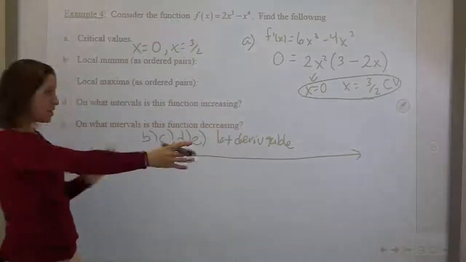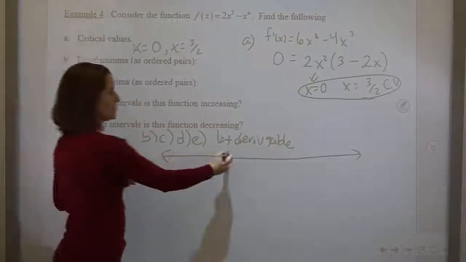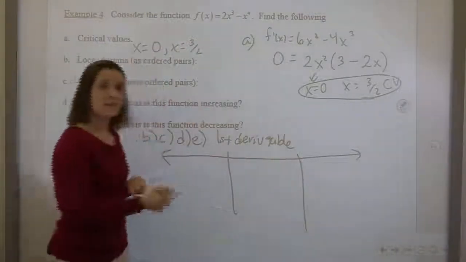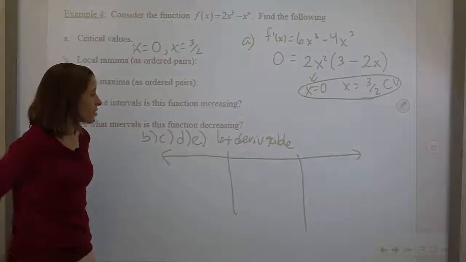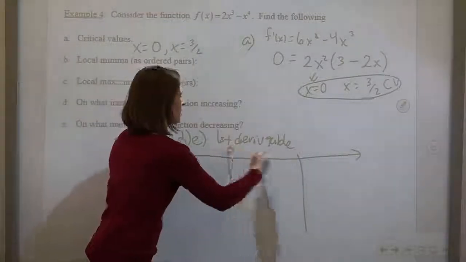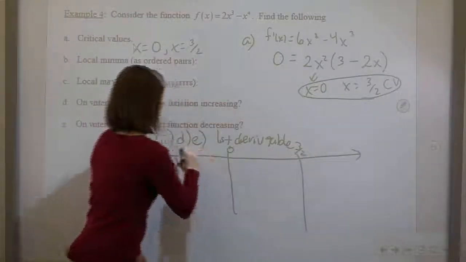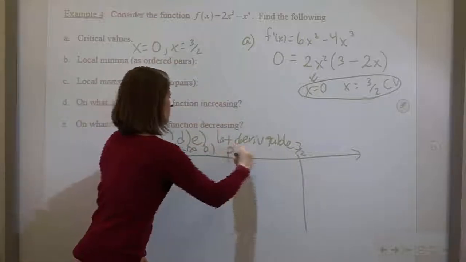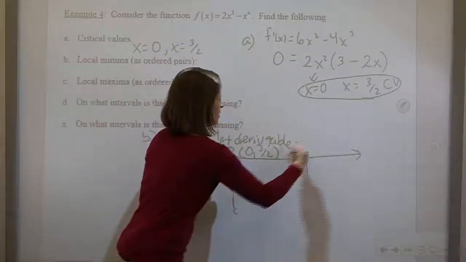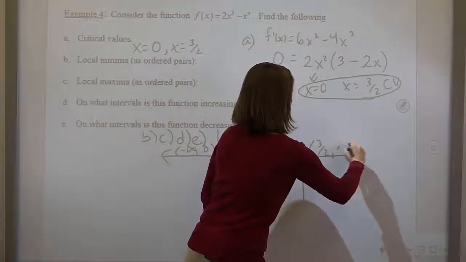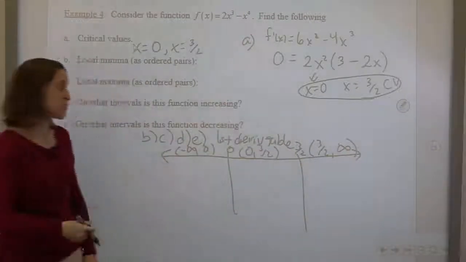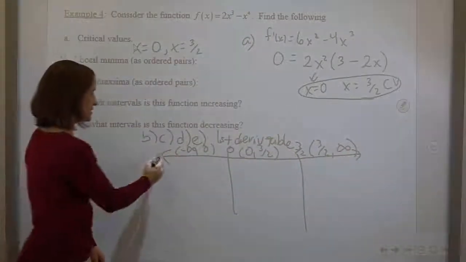So you would draw a number line, put your critical values in order, but instead of tick marks, go ahead and draw lines all the way down. Okay, and remember each column represents an interval of x's.